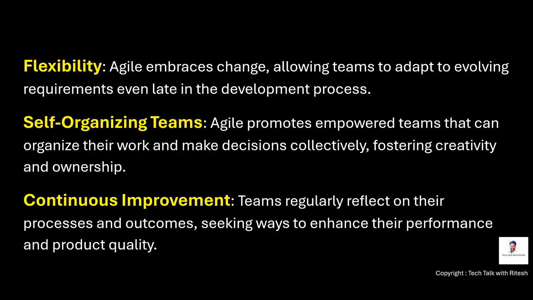They collectively work on those. We have regular stand-ups, etc. And then finally they make the collective decision. So that is like the increased collaboration among the team members, right? Continuous improvement: teams regularly reflect on their processes and outcomes, seeking ways to enhance their performance and product quality.